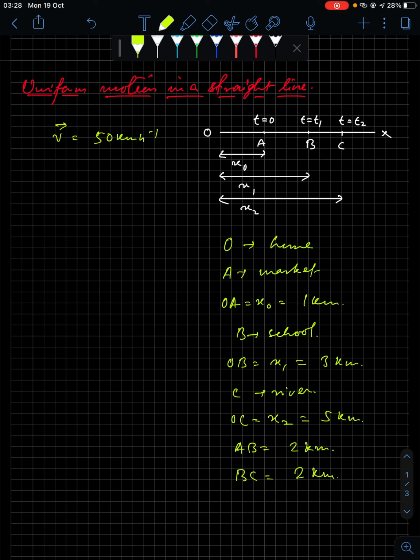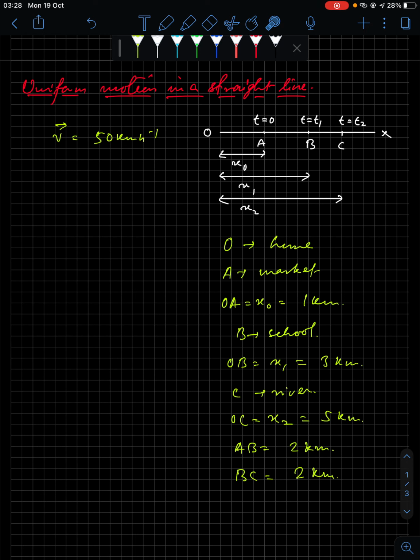Now the situation is we are not starting the journey from the origin. That means you are not starting the journey from your home, rather you are starting the journey from the marketplace. The event will be measured from the marketplace when you started the journey, and therefore this particular time will be measured as 0.